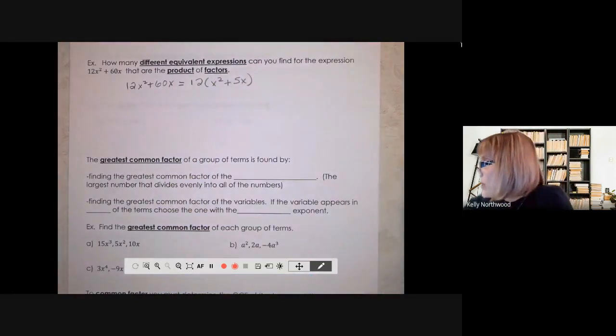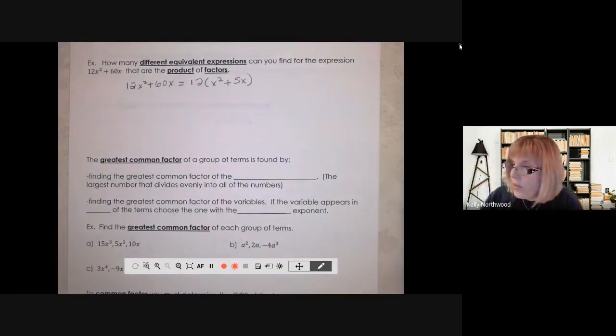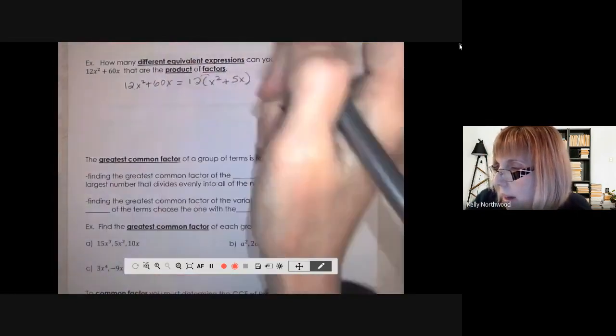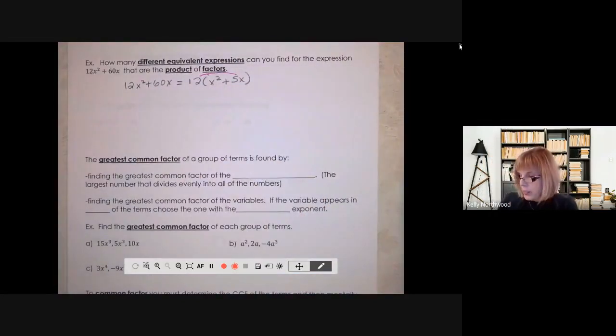And the reason that that's true is because if you expand it out, if I do 12 times x squared, I get the 12x squared back. And if I do 12 times 5x, I get the 60x back.